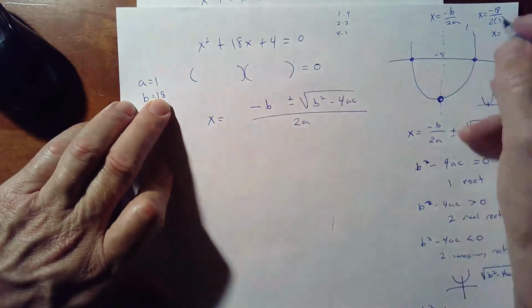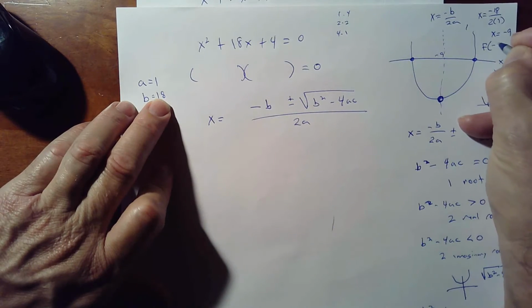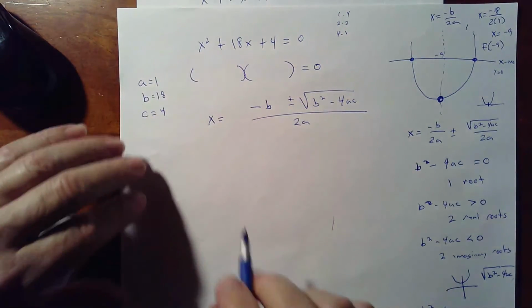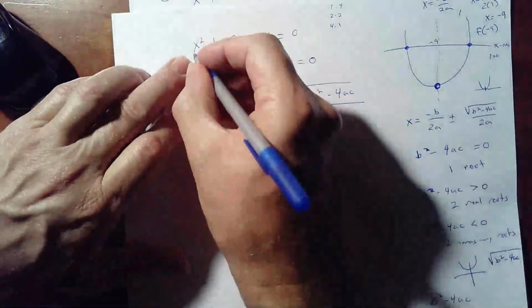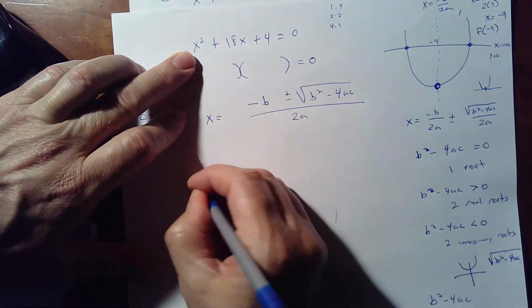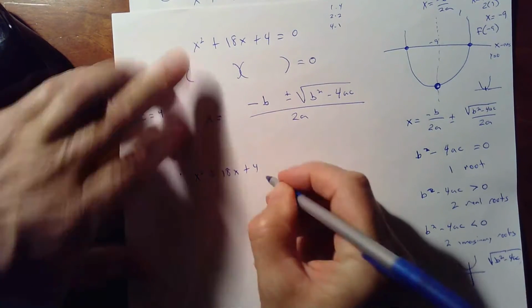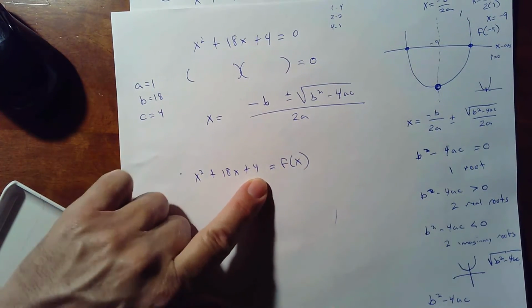And then if we apply that function, f of negative 9, we'll be able to get the y value. So let's actually plug that in for a moment. We have x squared plus 18x plus 4. Now it's not equal to 0 here, this is my function of x.